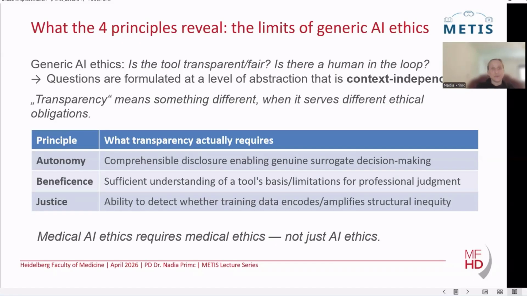And this is again different from what transparency requires for justice, which may require the ability to determine whether a model's training data encodes and amplifies structural inequalities or not. So the same word, transparency, means different things in each context, because the ethical obligation it is serving is different each time.